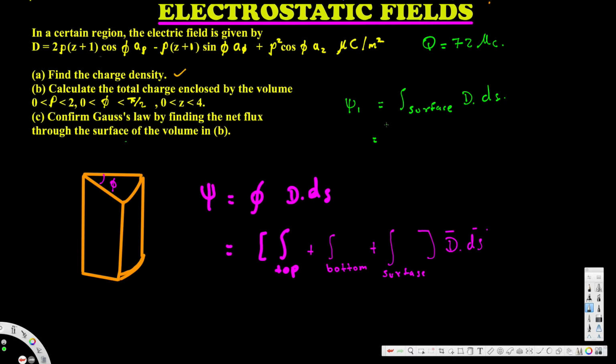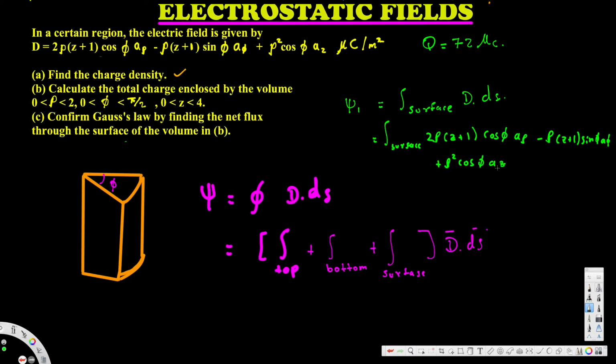So this is going to be the integral over the surface, and that's going to be just 2 rho (z plus 1) cos phi a rho minus rho (z plus 1) sin phi a phi, and then plus rho square cos phi a z.